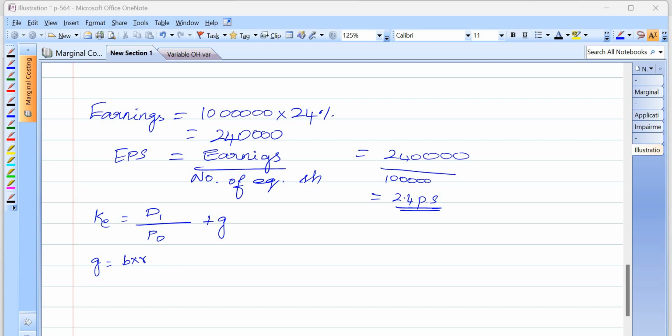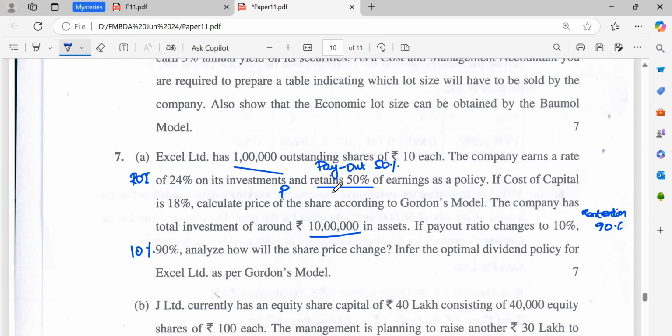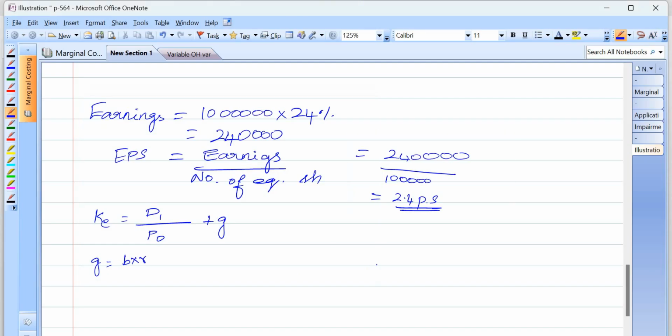So here, in the first assumption, we have a retention ratio of 50%. So 50% we are going to retain. That means in 2.4, retention will be 2.4 into 50 percentage, which means 1.2 rupees per share I'm going to retain.